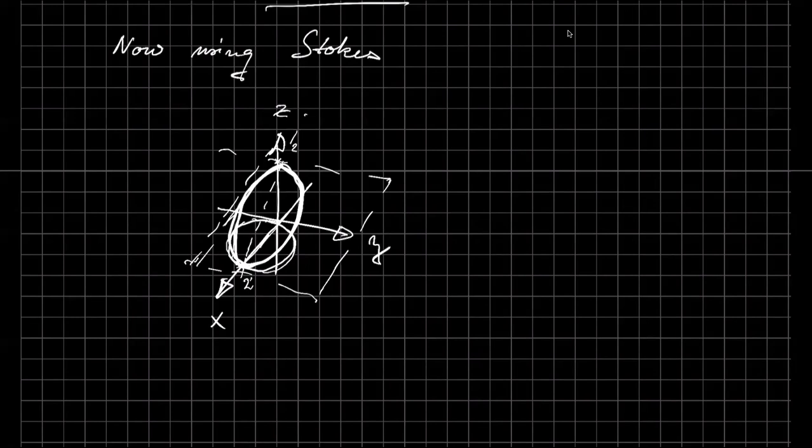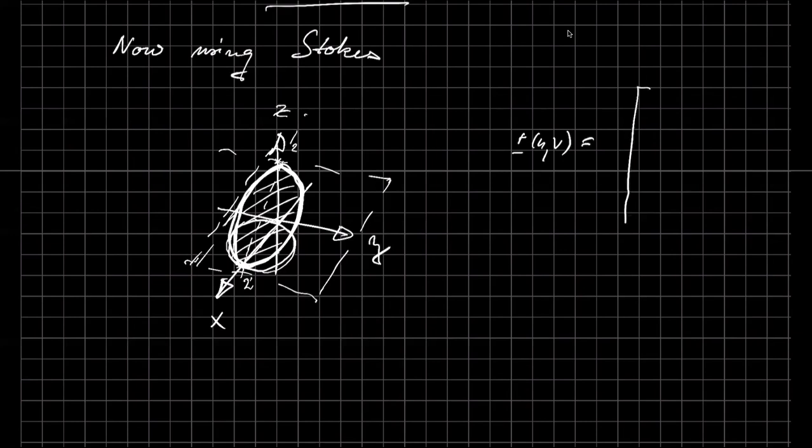Now we want to take the simplest possible filling surface for this boundary, and this will be just this elliptic disk that you get by using the disk in the XY plane. Let me write this down. Now you have 2 parameters, so I write r of u comma v.